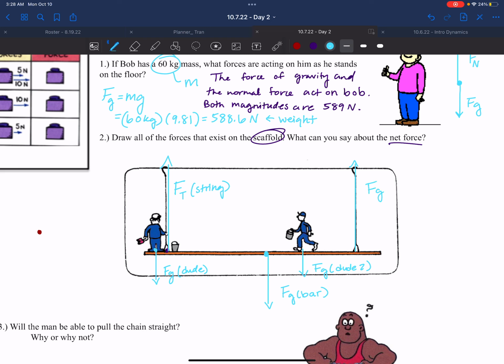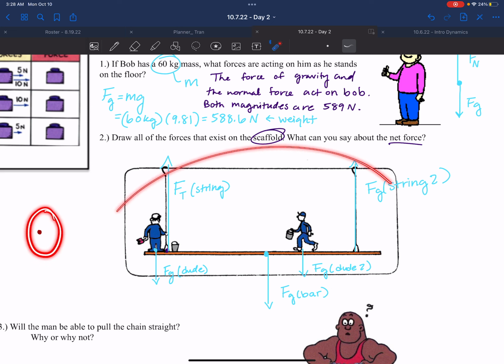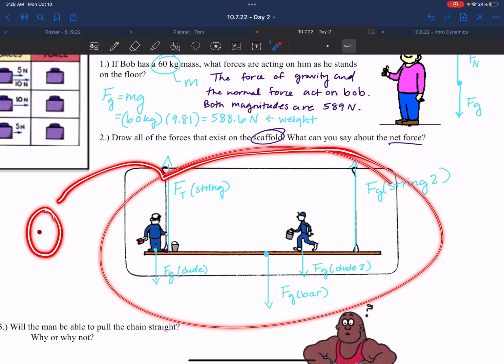Okay. So these forces are being applied at those specific points away from the center of mass of the system as a whole. But if I were to draw all of these forces onto this one dot and treat this whole thing as this one dot, then this is what it would look like.